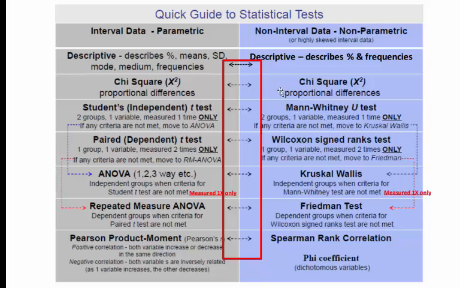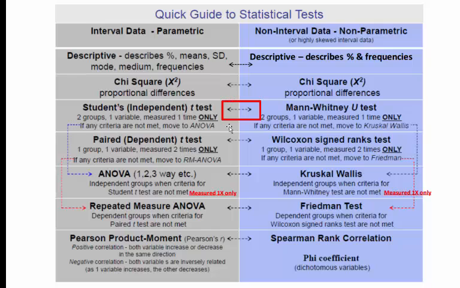So we have a chi-square that is used to compare proportional differences, if those differences are interval level data, or if they are non-interval, that test is done pretty much the same, still called a chi-square. However, with the independent t-test, when you change the level of data, then you would use the Mann-Whitney U-test.